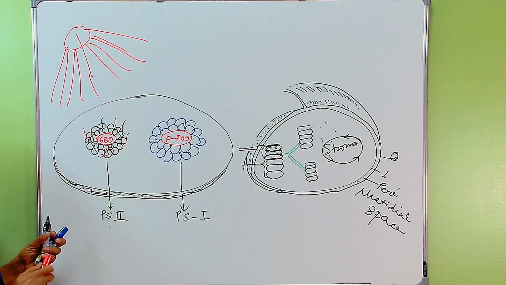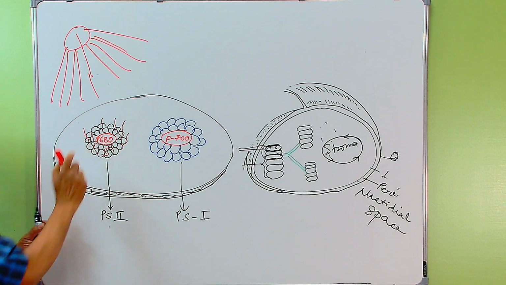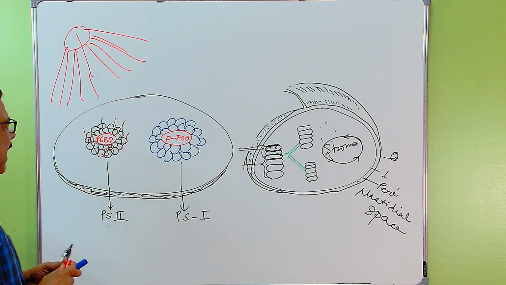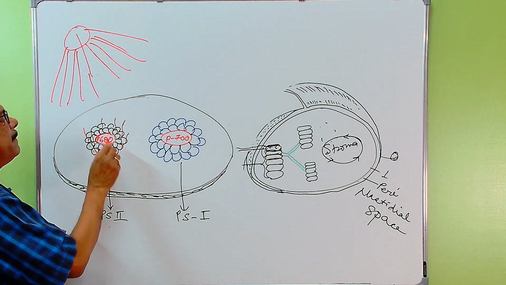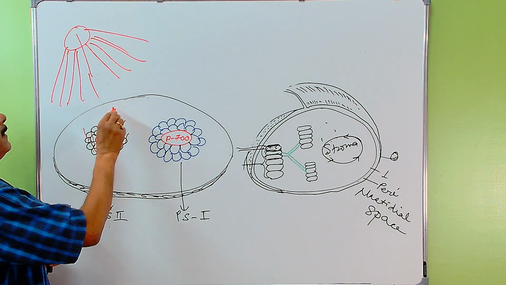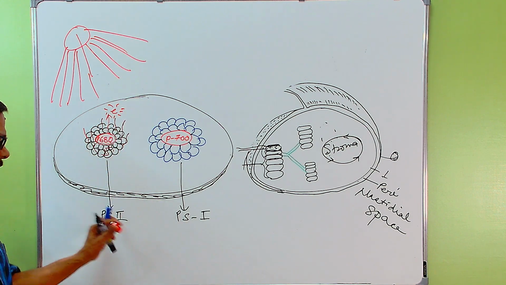This P680 is known as the reaction center, and this pigment 680 ejects an electron. That electron is excited. This is PS2.